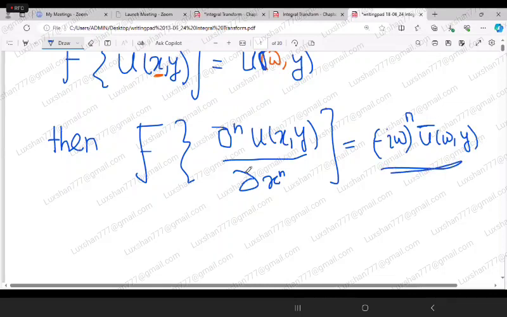So this is the Fourier transform of the nth derivative with respect to the variable x.